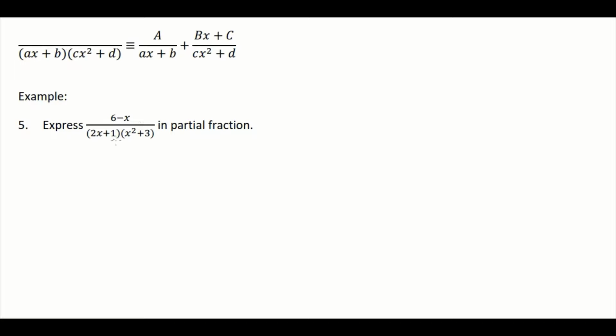When you look at this question, you can see one linear factor and one quadratic factor, right? So you just follow the formula. The first linear factor will have one constant for the numerator. So it's going to equal a over 2x plus 1, then plus bx plus c over x squared plus 3.